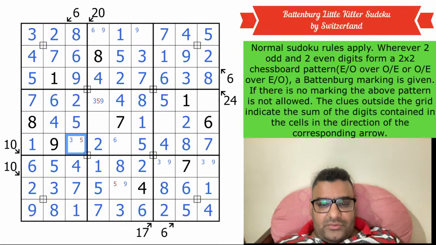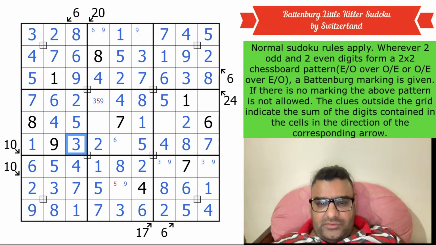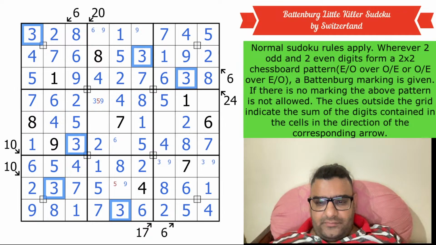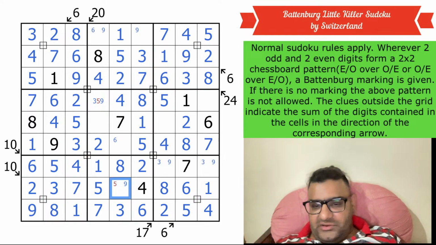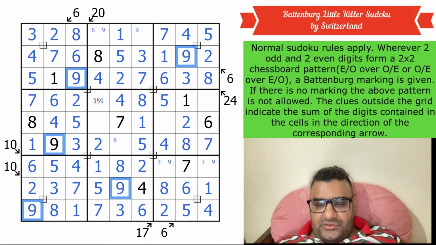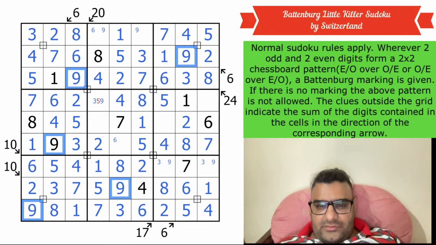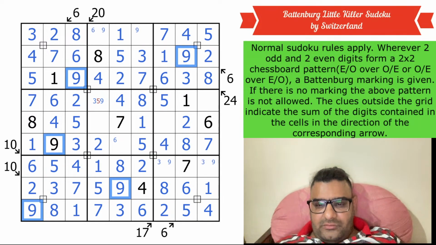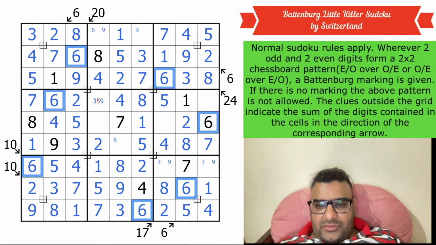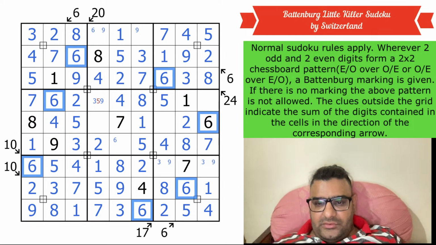This is going to be 3. If I check 3 again, this can still be 3. This is going to be 9. Let's check 9. 9 can be here or here. What about 6? 6 can be in these two.